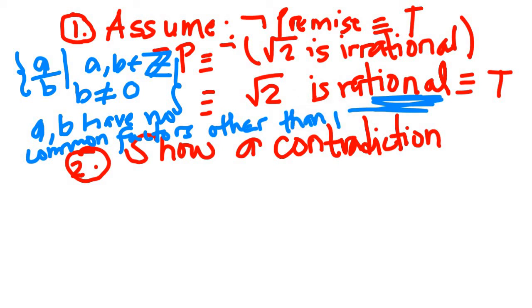In other words, a and b is in simplest form.